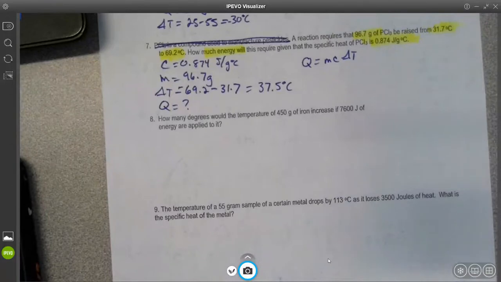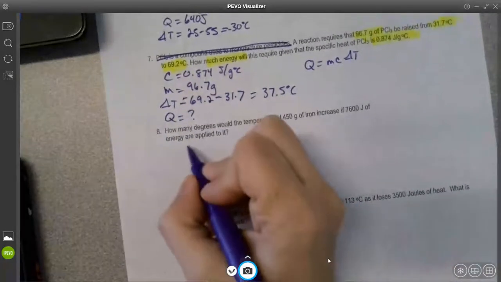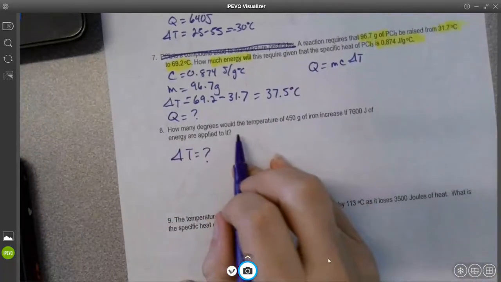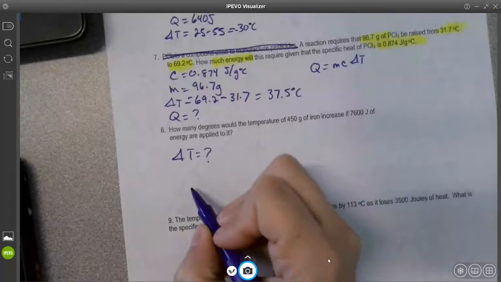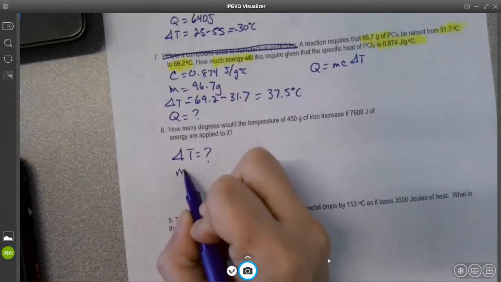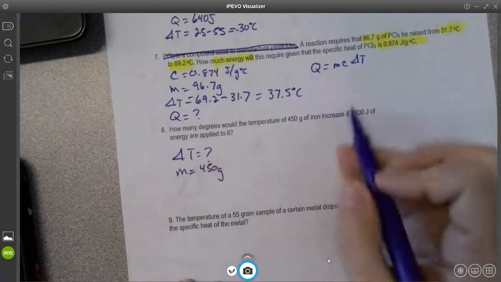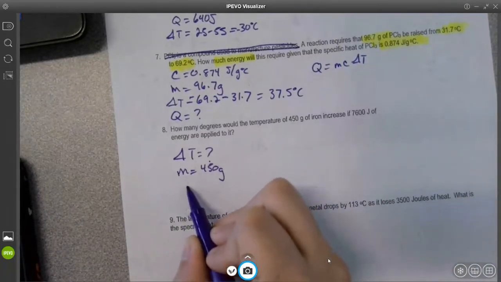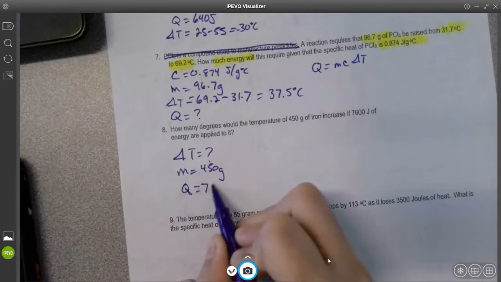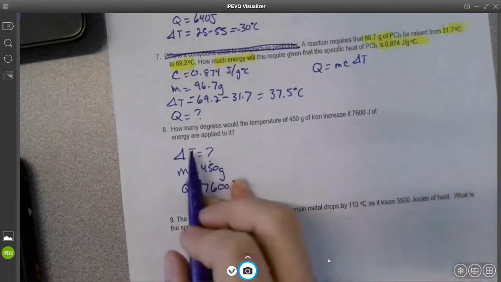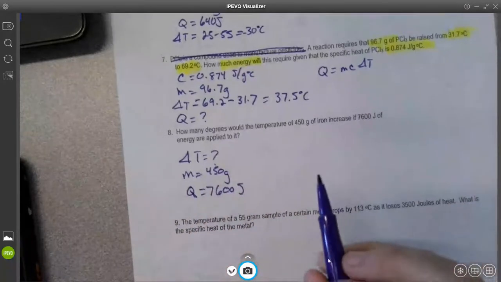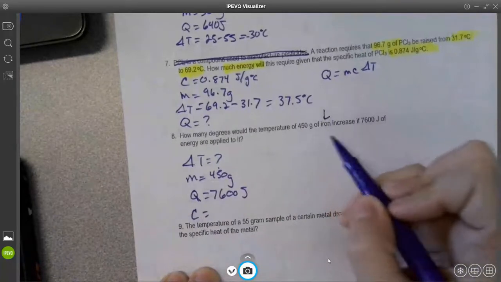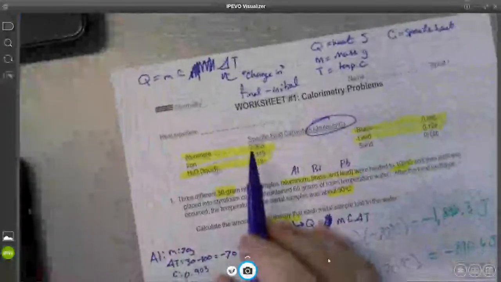All right. Number 8, how many degrees? That tells you that your change in temperature is what you're looking for. The temperature of 450 grams of iron, so mass is 450 grams, would increase if 7,600 joules, so Q is your heat, of energy is applied. So we're missing one variable, C. Again, they told you that we are dealing with iron, so look over here towards the front.